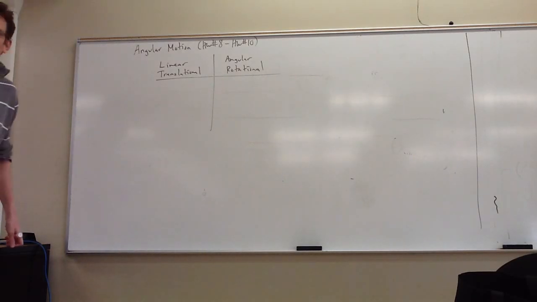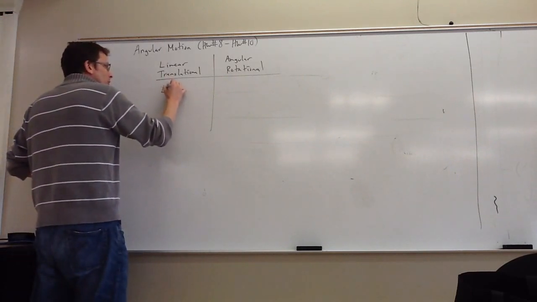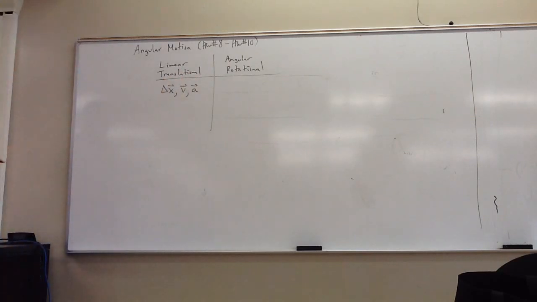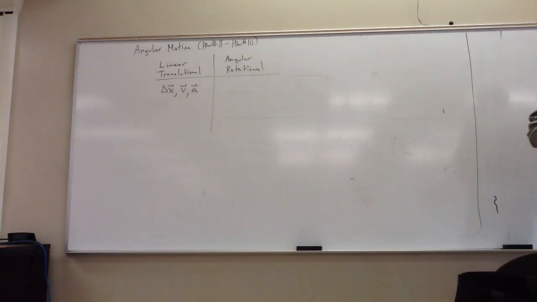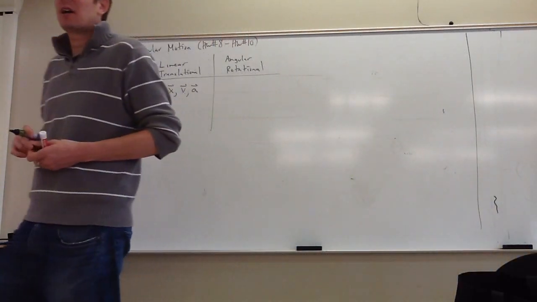So let's go back and look at what we've done and what we're going to do. We introduced displacement, velocity, and acceleration, right? These were just the descriptors of motion, okay? So just how can we describe how things move?